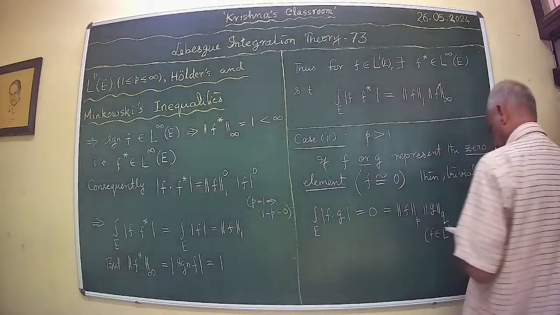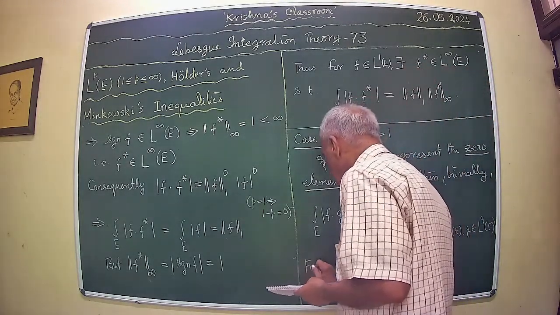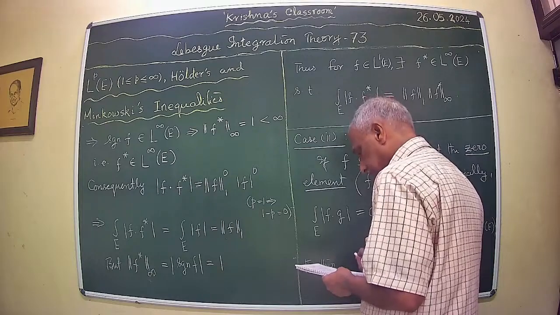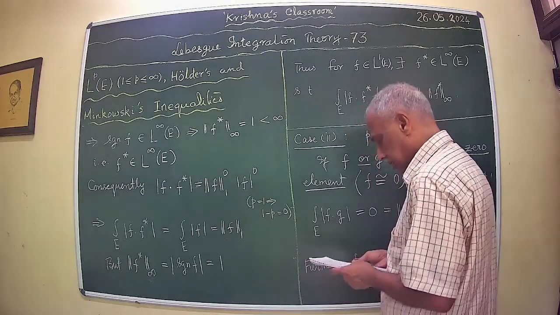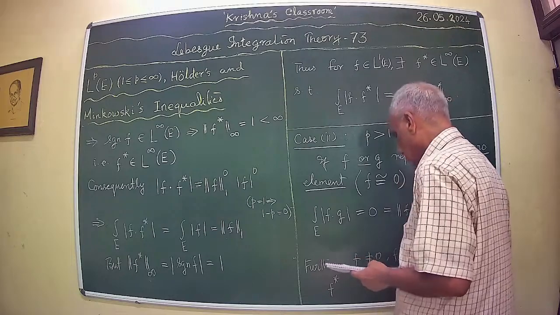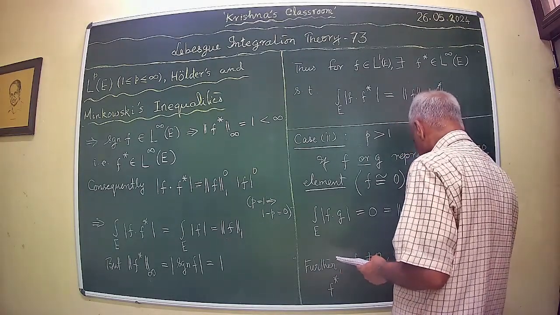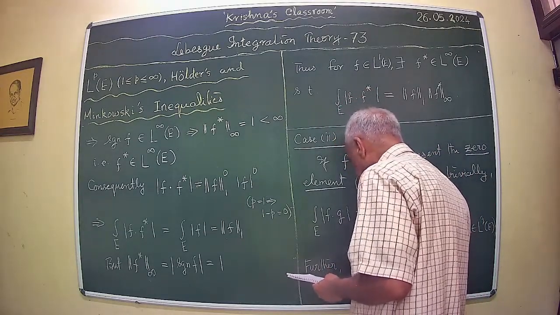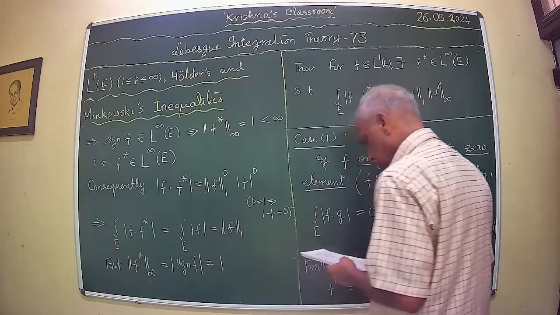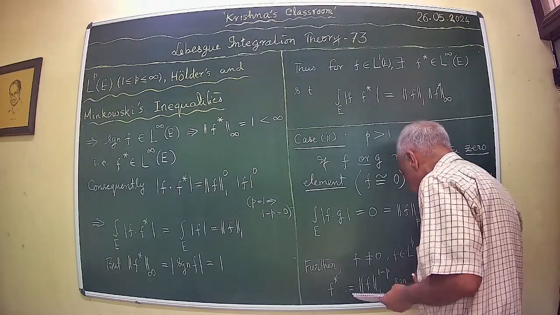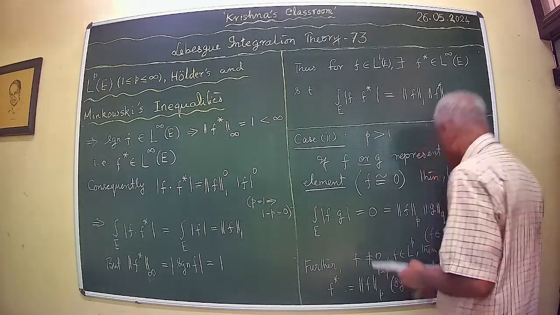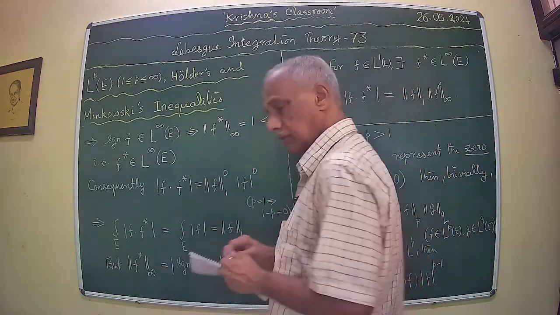Now what happens to this? In such a case, suppose f is not equal to 0, then f star is defined as follows. So that's the definition of f star. Now what happens?